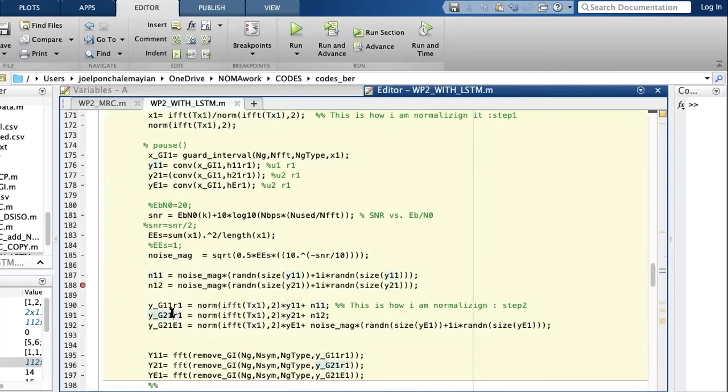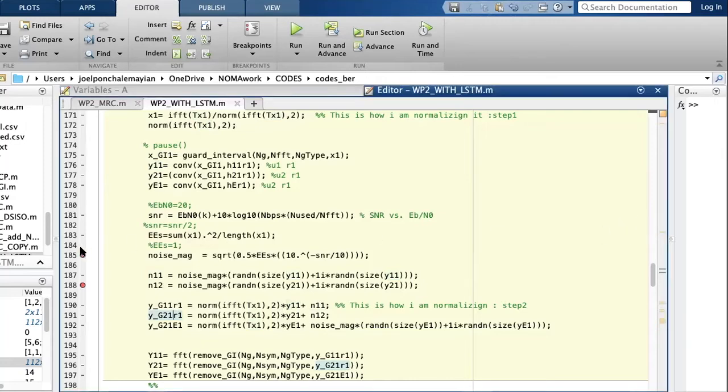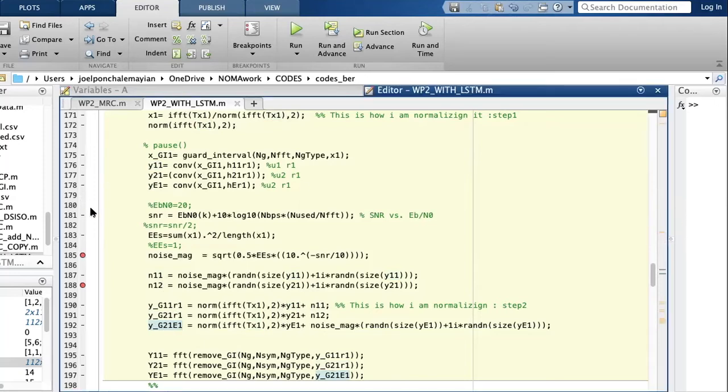Then Y12 is this equation here as well. We do the same thing. And then Y2I is now for Eve, the same thing. For Eve, it's not here, but it's basically also the same thing, which says the user data times the channel plus the noise.